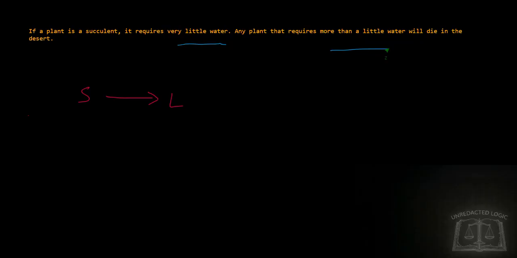So I'll diagram it using the same letter and I'll negate it. Okay. Again, we'll take the contrapositive of the second one, not the arrow L, and we can connect them into a chain like this.